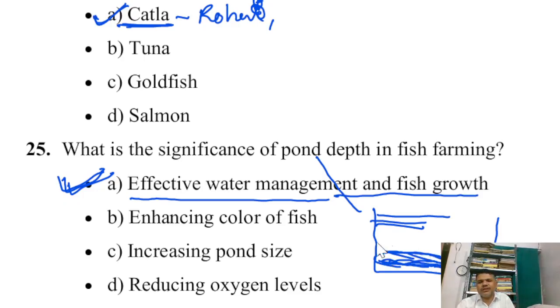Those fishes that live in the bottom area will not get sufficient nutrition due to lack of sunlight. This will cause problems, and more depth will also create problems in maintaining the pond. So here the correct option is effective water management.